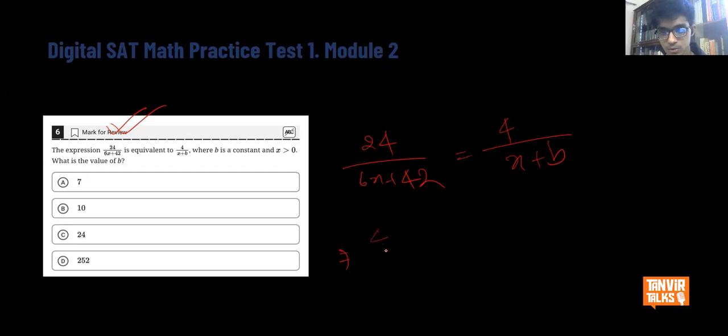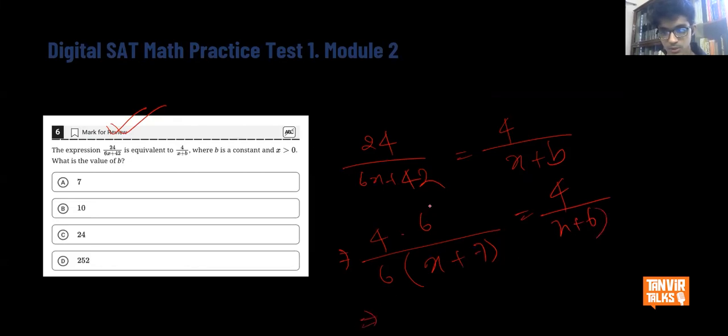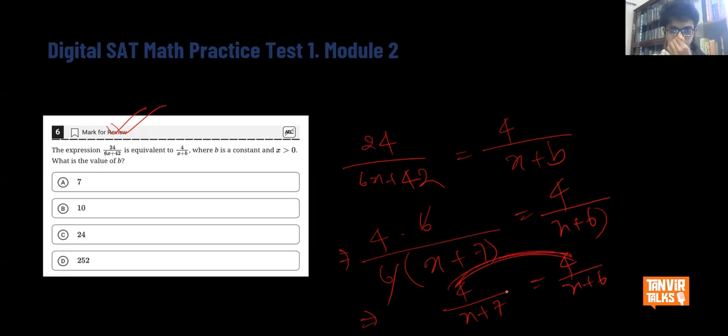So 4 into 6 over 6 into x plus 7, and the other is 4 over x plus b. The 6s cross out. So 4 over x plus 7 and 4 over x plus b are equivalent. So b would be 7.